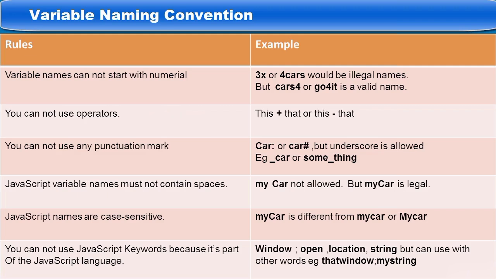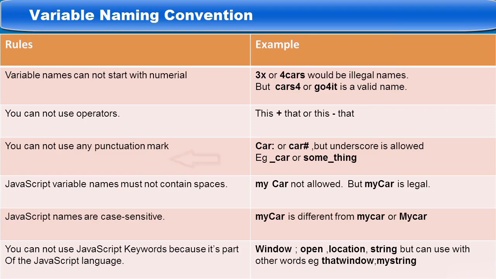You cannot use any punctuation marks of any kind in a JavaScript variable name other than the underscore. So you can't call your variable car colon or car hash, but you can use an underscore. Underscore is allowed, so you can give your variable name underscore car, for example, or something underscore something. That is allowed.